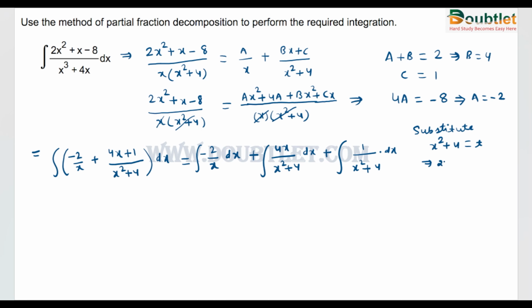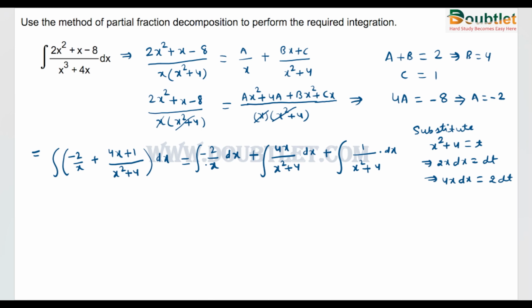What do we get here? We get 2x dx equal to dt, but here we have 4x dx. So if we multiply both sides by 2, it will become 4x dx equal to 2 dt.